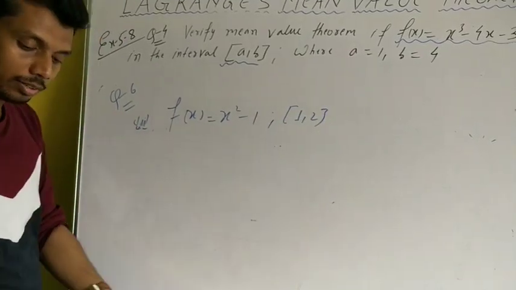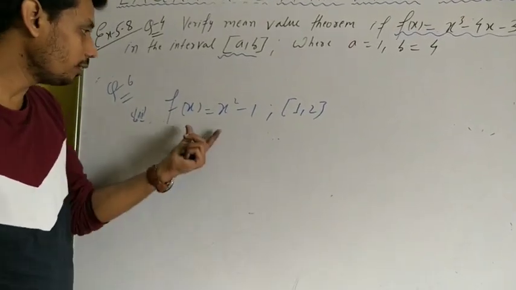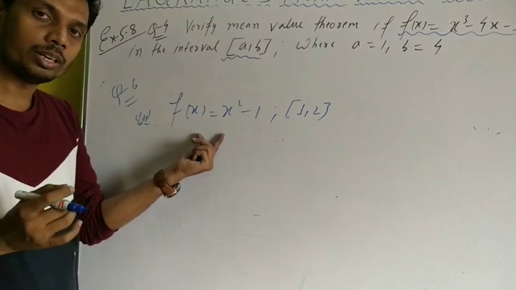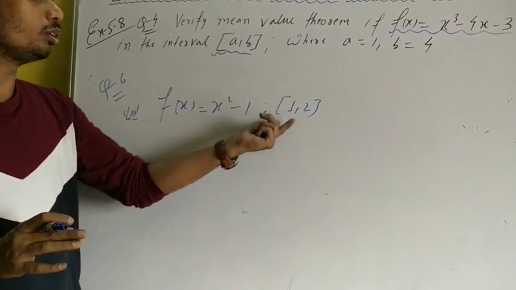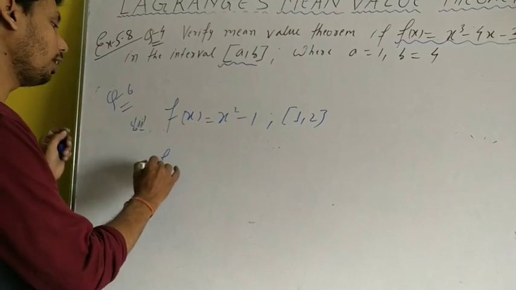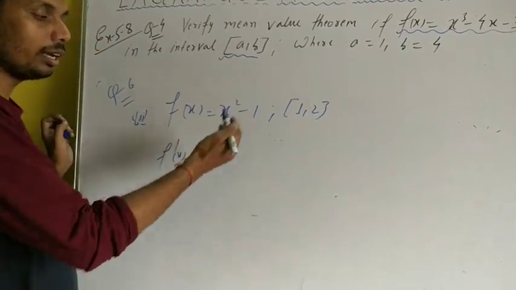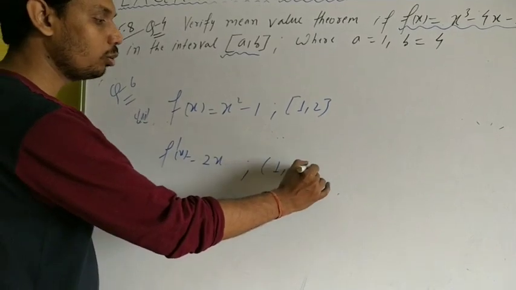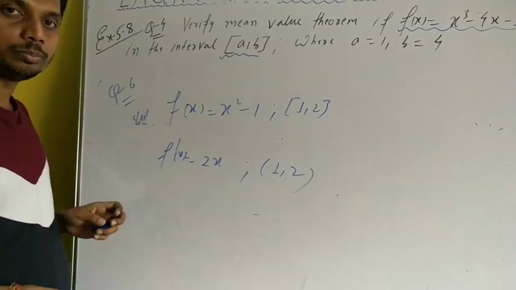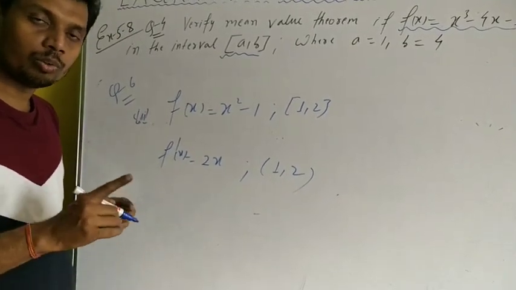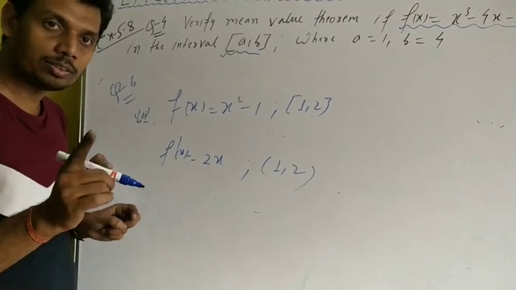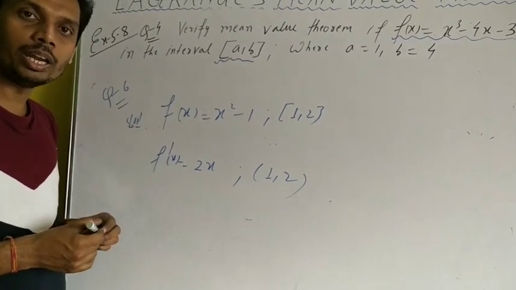As I have discussed, this is a polynomial function, so it is continuous in the closed interval. f dash x is equal to 2x, which clearly exists in the open interval 1 comma 2. So it is differentiable also. For LMVT, we do not see the value of f of a and f of b.